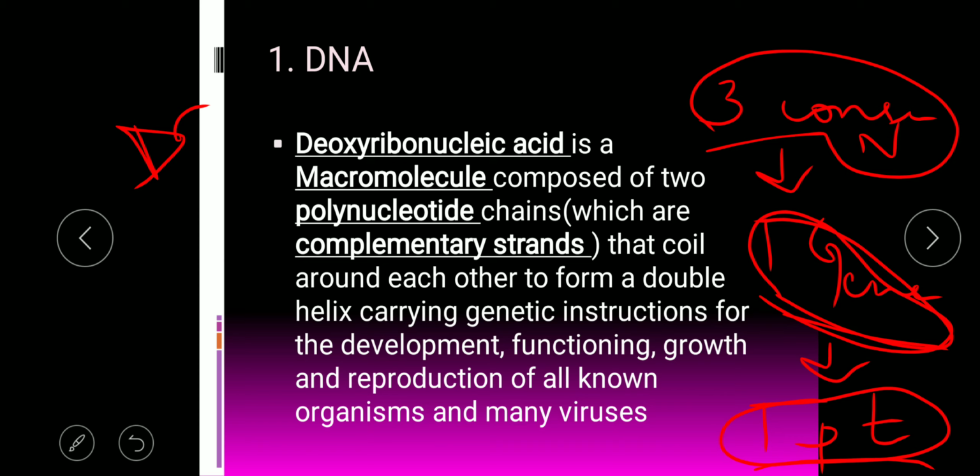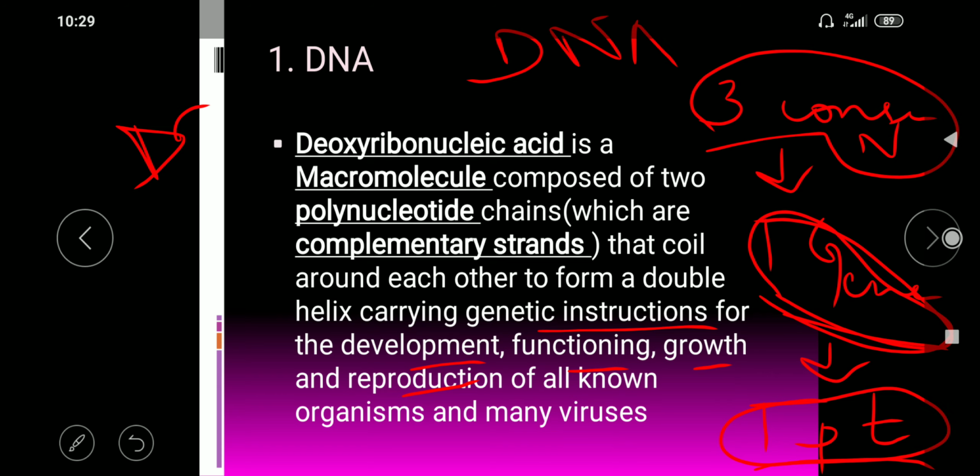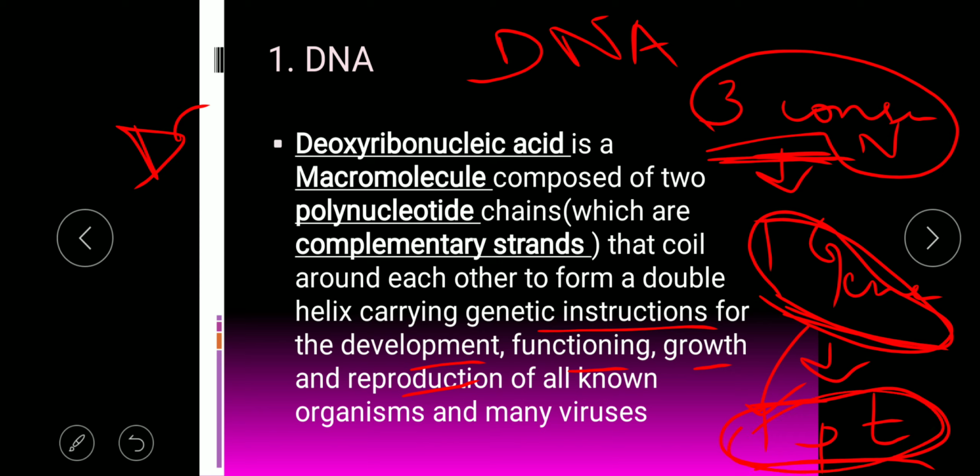So whatever you are, the genetic instructions for development, functioning, growth and reproduction are coded inside these DNA strands. And how is it coded inside the DNA strands? Because three consecutive nucleotides on the DNA strand are known as one gene, and each gene is responsible for the synthesis of one protein, and these proteins are required for functioning, growth and reproduction of all organisms.